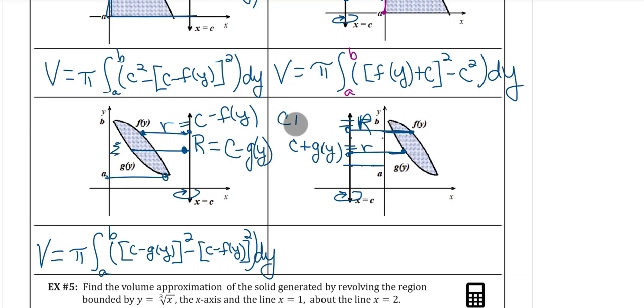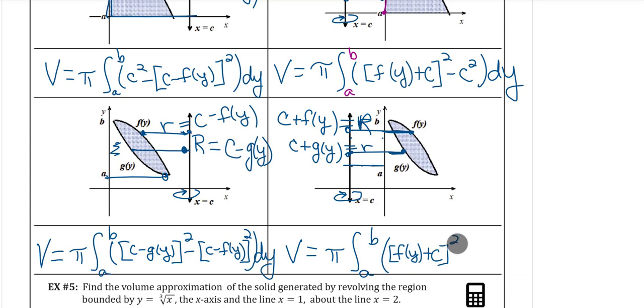So it's going to be c plus f of y. So now our volume is going to equal pi times the integral from a to b on the y-axis of f of y plus c squared, that's our capital R, minus g of y plus c squared, dy.